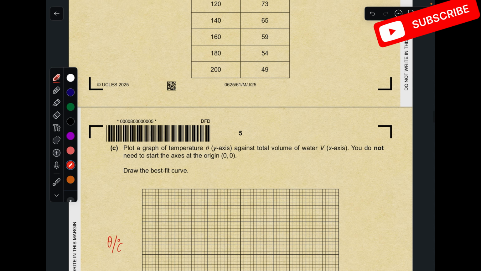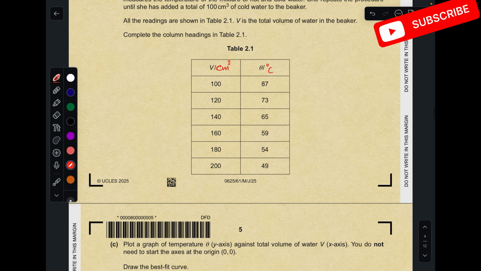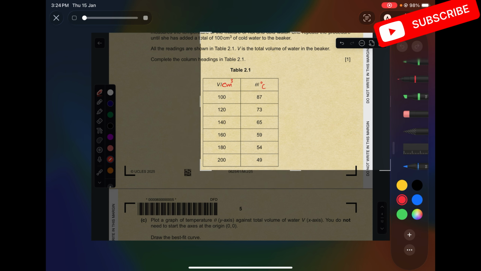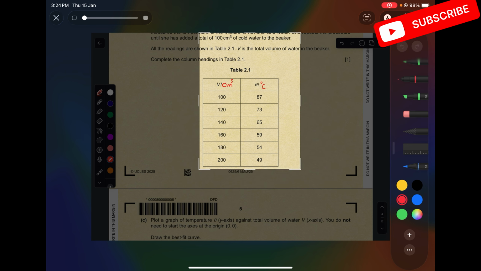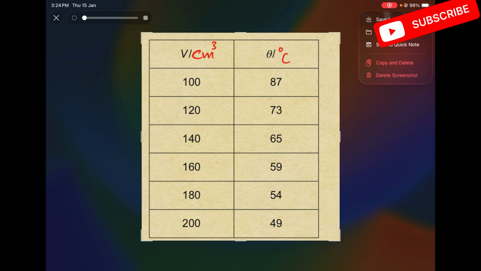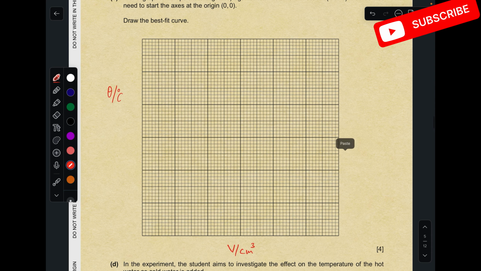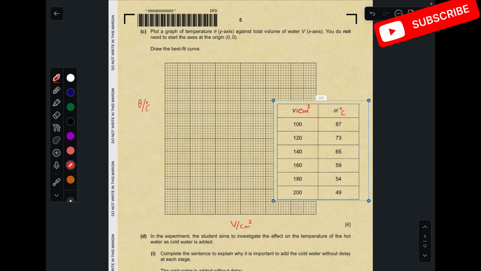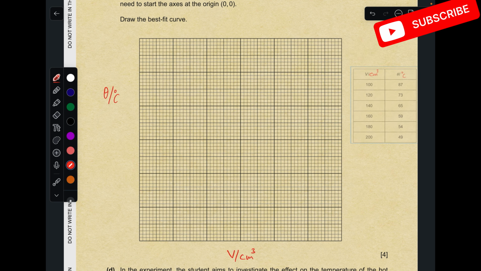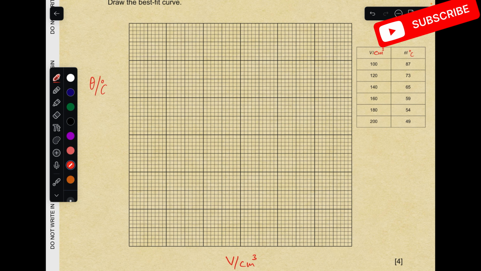Okay, let me take this table down there so we can see it better. So this is the table we have, and we have to do the scaling.